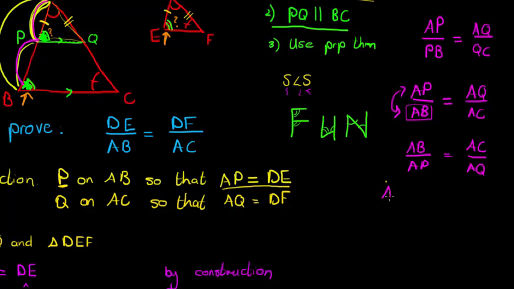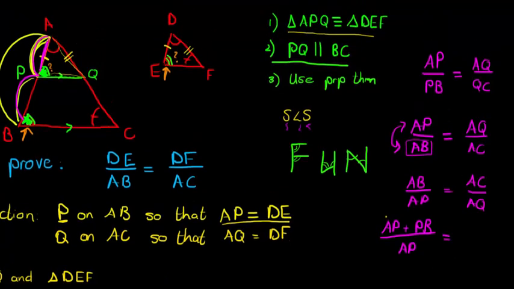So AB is AP plus PB, so the whole one is AP plus PB over AP, is equal to, and AC is AQ plus QC, over AQ.